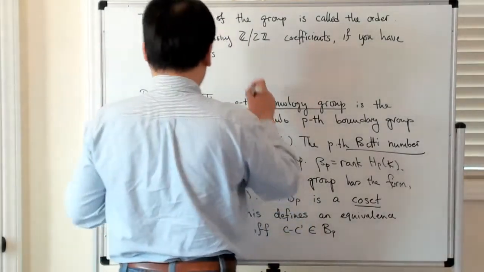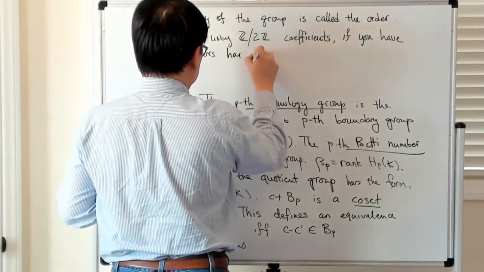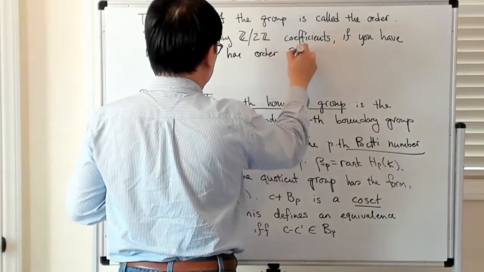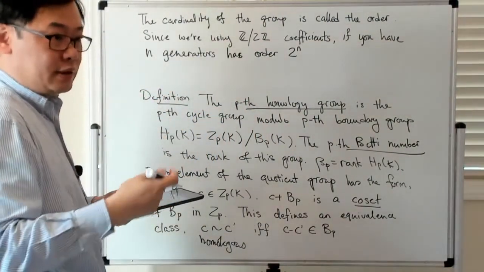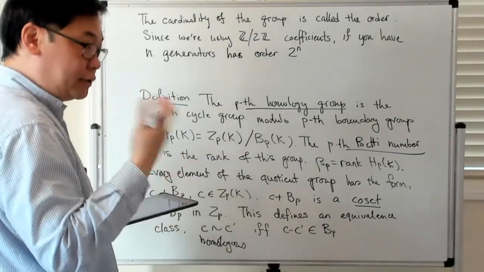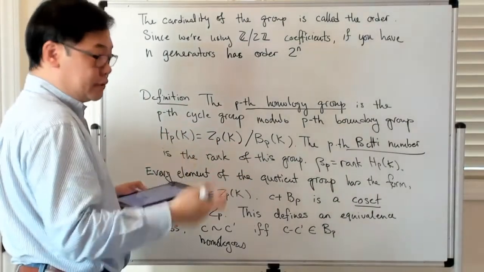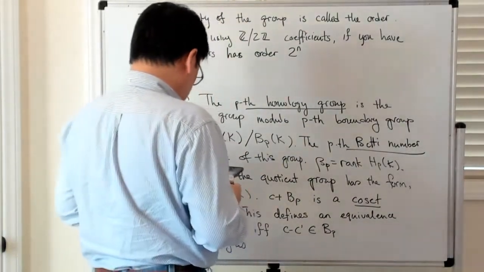It has order 2 to the n. And that's because for every one of the simplices, you can decide whether it's there or it's not there. It's 0 or 1, and then there are n of them, so it's just 2 to the n. Okay.